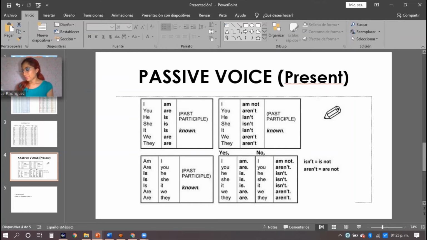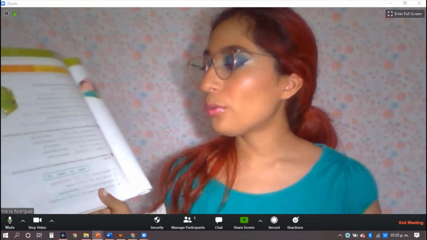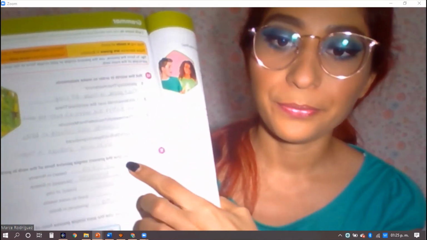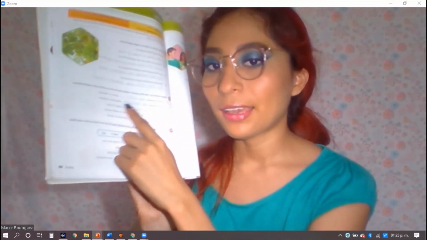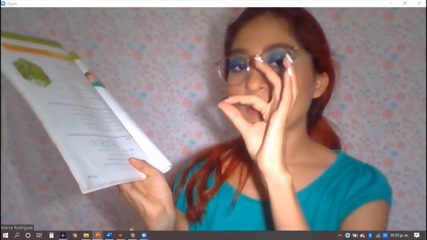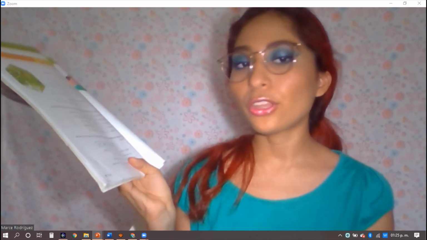Exercise 11. Make sentences. Use the present simple passive form of the verb in parentheses. This exercise is much easier, okay? You're going to write the verb to be here in present on the blank. It says, number 1, those sweaters, blank, between parentheses, in Norway.